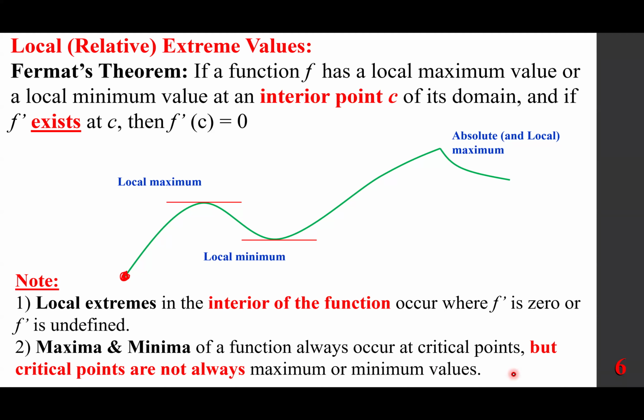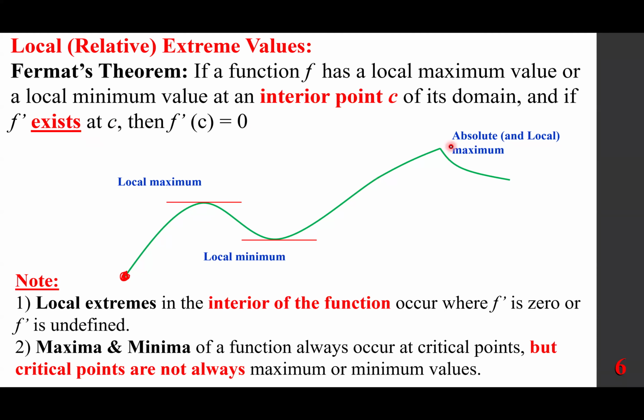So a couple of things. I'm going to recap this. If we are looking at local extrema, it has to be inside the interval of a to b. It can't be the endpoints. The endpoints can only be absolute, if anything. Also, if we happen to have maximum or minimum, those are always where the critical points are. Critical points meaning f prime is either 0 or does not exist.